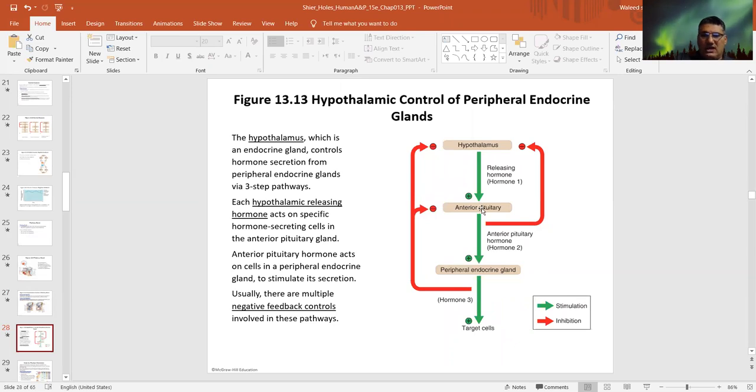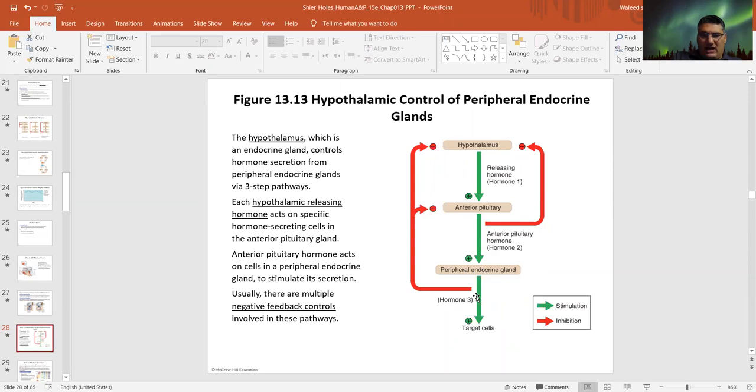And all of this will go to the anterior pituitary, and the anterior pituitary is going to secrete its own secretions that are going to go to the peripheral endocrine glands, and the glands are going to secrete their secretion, and the negative feedback here is going to come from hormone number 3, which is coming from the peripheral endocrine organ.